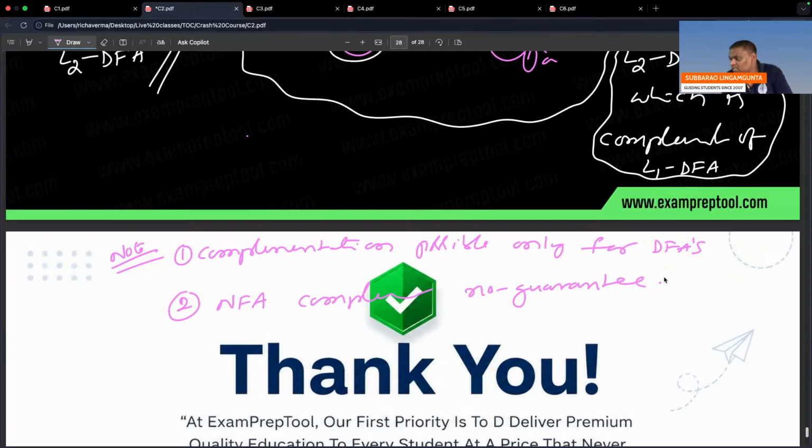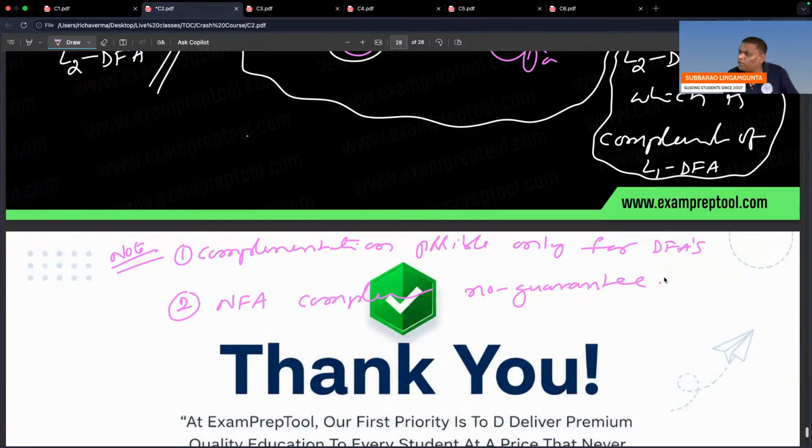Sometimes I will say yes and he will say no, sometimes I will say no and he will say yes, sometimes I will say yes and he also says yes. That is the meaning of NFA, no guarantee. Before complementation he is saying no, after complementation he may also say no. NFA, no guarantee. But complementation is possible only for DFAs.